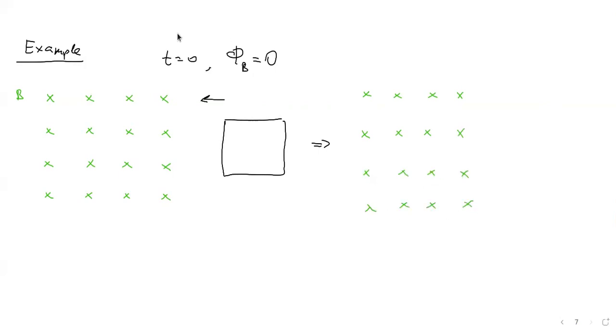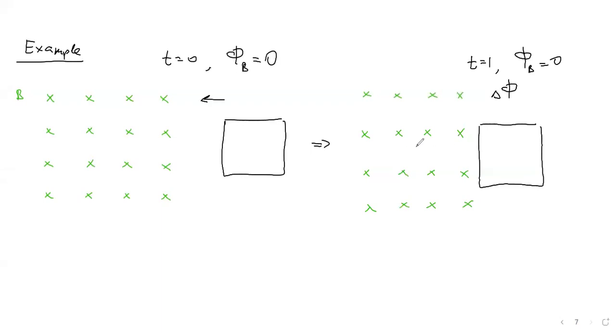I hope it's not going to be too boring because I have to do this several times, but we will see. Let's say my loop moved closer. This is time equals 1. What is the new flux of the field? Still 0. What is the change of the flux?